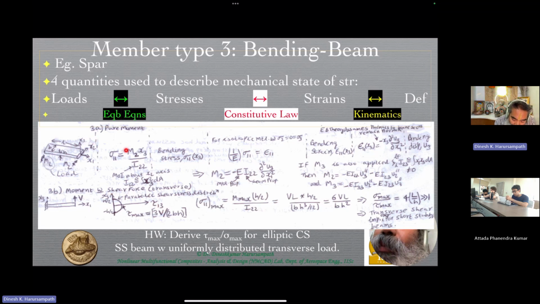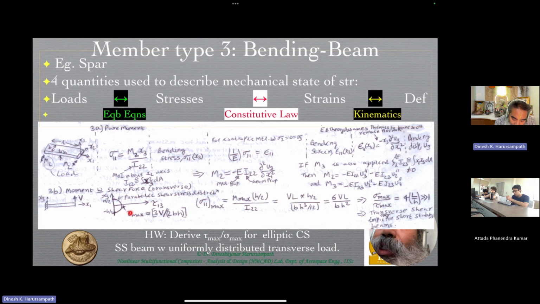So just like sigma 11 is linear in x3, so it is positive where x3 is positive and negative where x3 is negative, as long as your M2 is positive, because I22 will always be positive. So if you apply a positive bending moment, at positive values of x3 you will have tension. At negative values of x3, you will have compression, right?